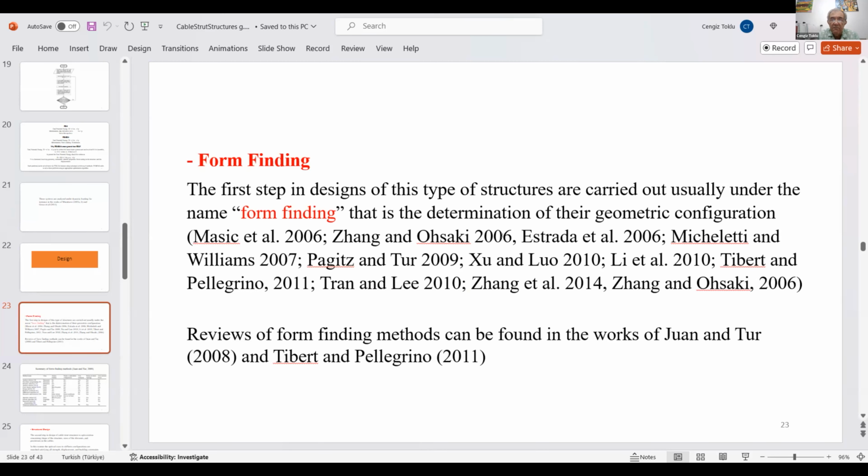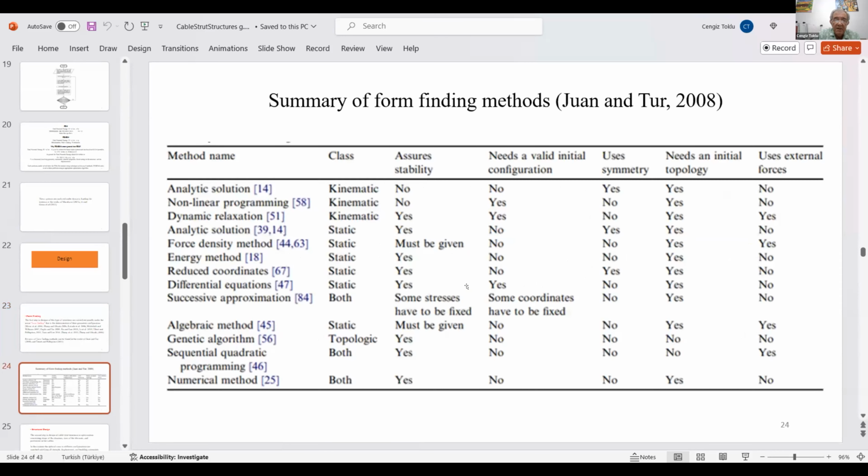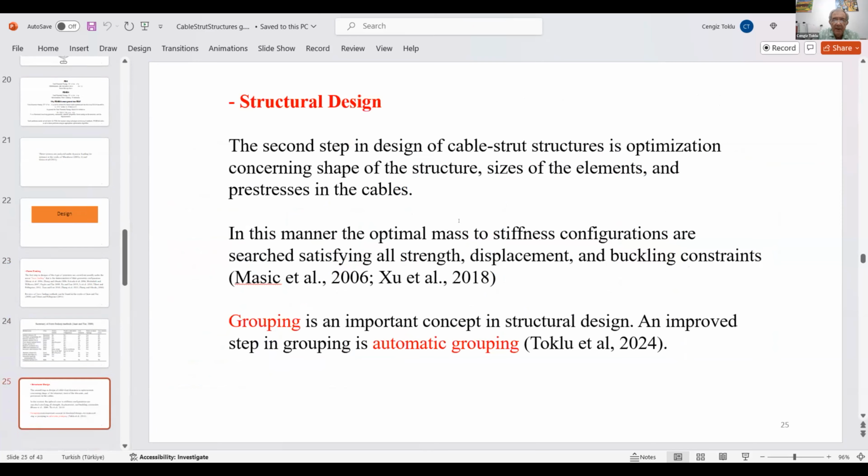It is called form finding, finding a form such that the structure will remain as it is. So this is also a difficult problem to solve. You cannot just arbitrarily connect them and make a structure like this one. And there are many methods in the literature for finding the form of these structures.